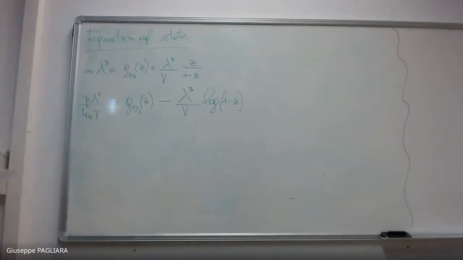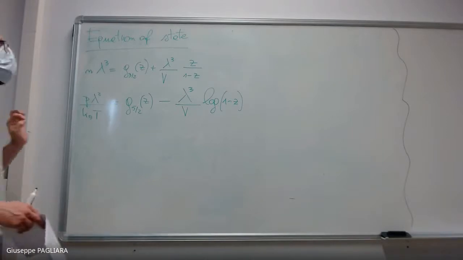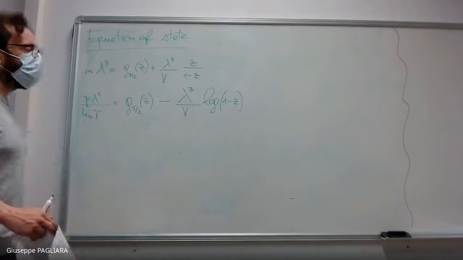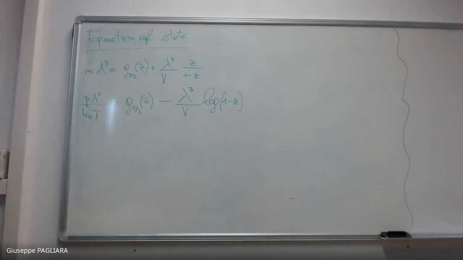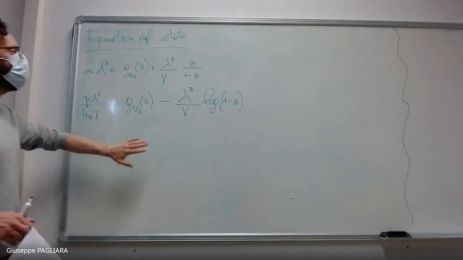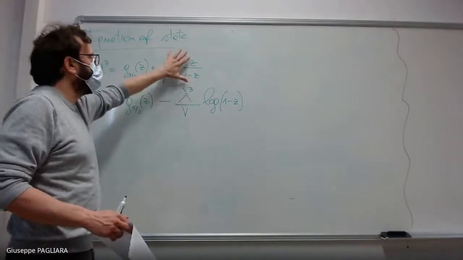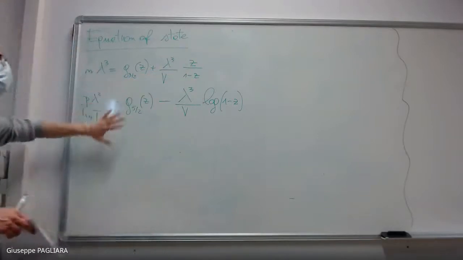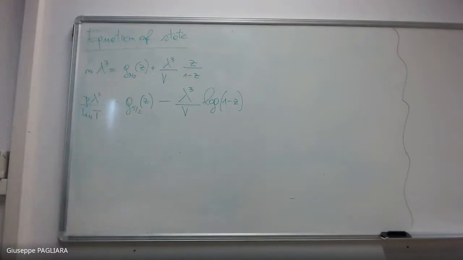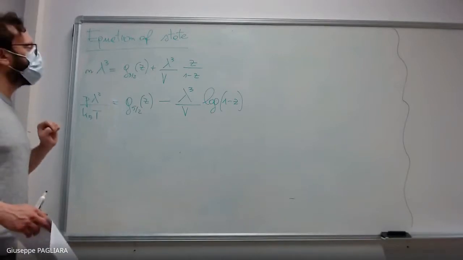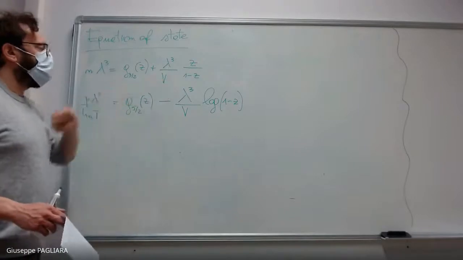Okay? But now you have to consider, in principle, since I'm considering the possibility that z is equal to 1, and therefore I have these divergences. In the classical limit, we have neglected this term and this term. And now we are considering a situation in which we can have a BEC, and therefore I need to keep the contribution of the ground state in both equations.